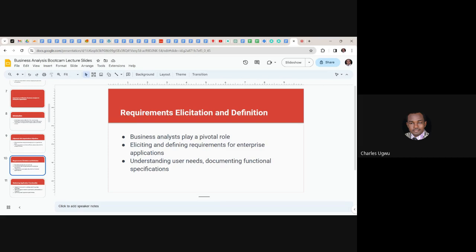That technical requirement, you take it to the developers who will build it, and then you go back and communicate it to the business executive and show them that the solution has been implemented and how the solution is addressing their need.